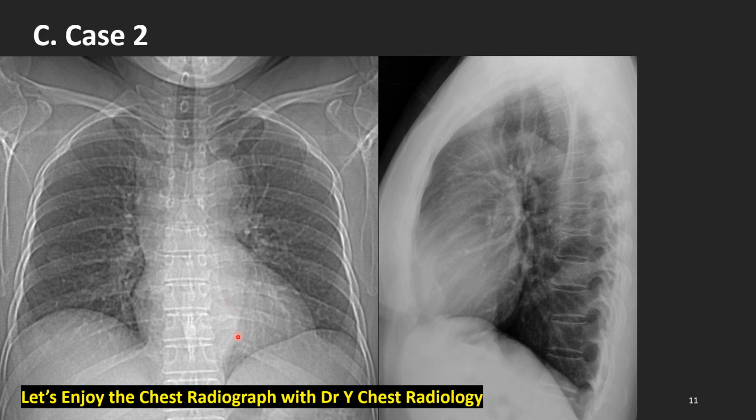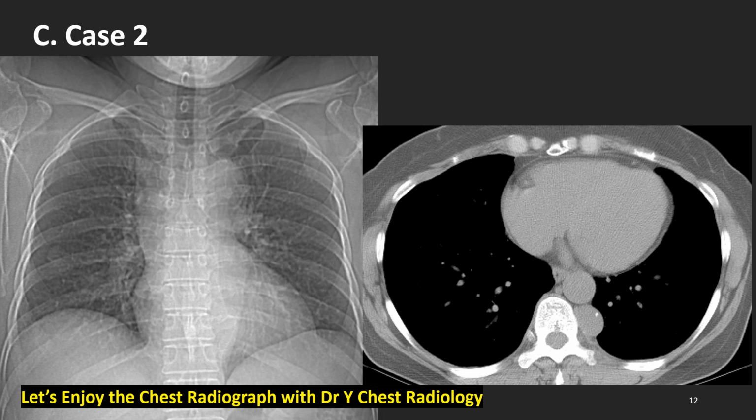That famous sign of paraspinal stripe obliteration of a neurogenic tumor in the paravertebral compartment, about 3 cm in size. On this lateral film, something should be here, but it is not conspicuous.